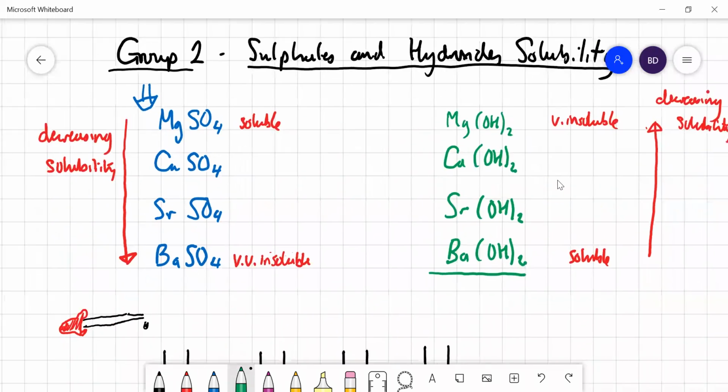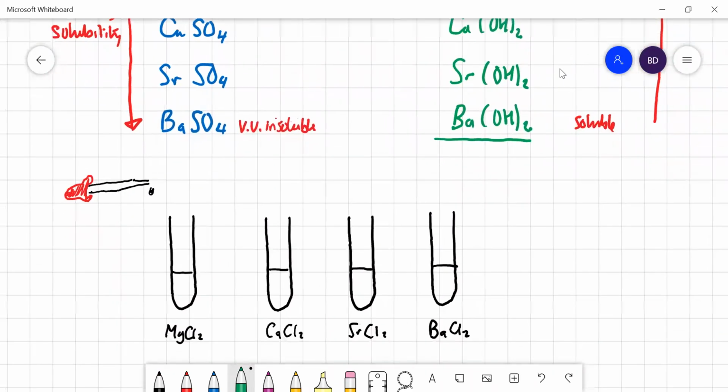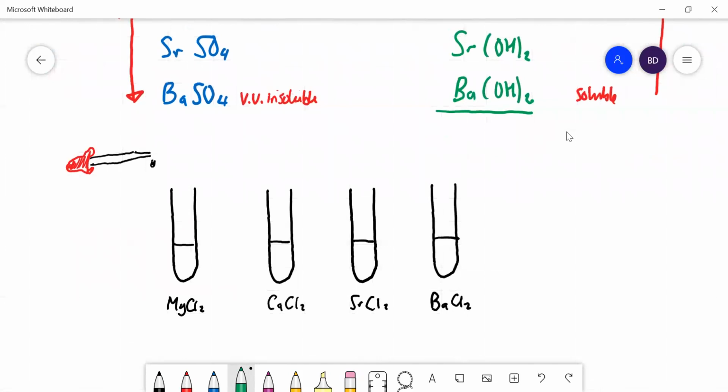Okay, there's a nice little experiment demonstration you can show. What we've got here is solutions of magnesium chloride, calcium chloride, strontium chloride and barium chloride, all the same concentration. Let's say you make that 0.5 mole per decimeter cubed. And then here's a pipette. You put in the pipette a solution containing sulfate ions.